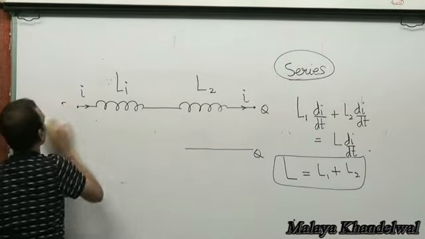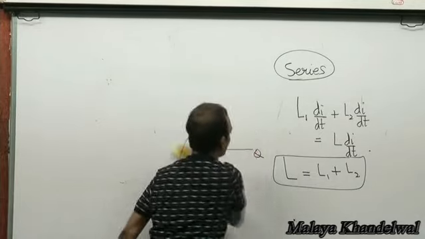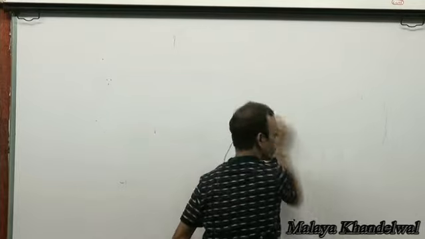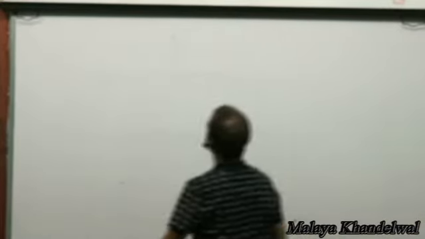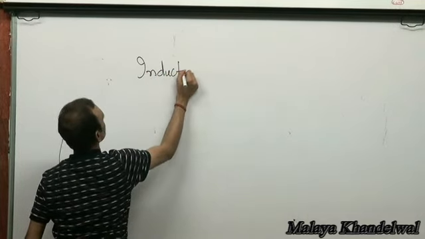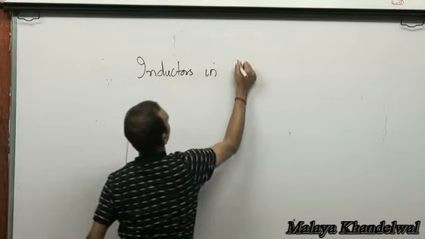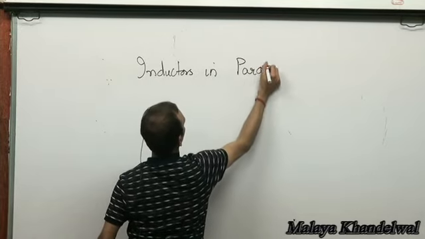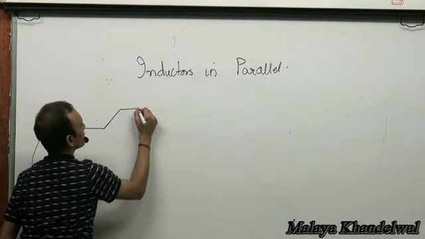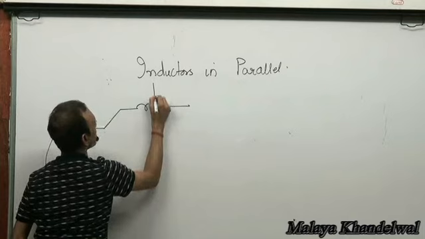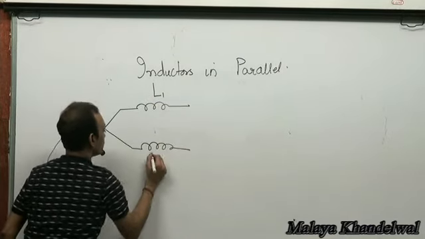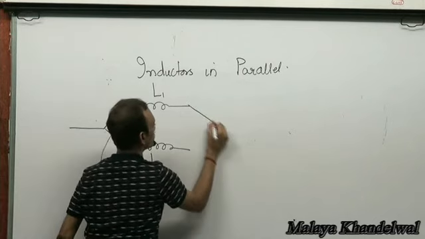Similarly, we could have had inductors in parallel. That is to say, this was one inductor element, say L1, and this was another inductor element, say L2.